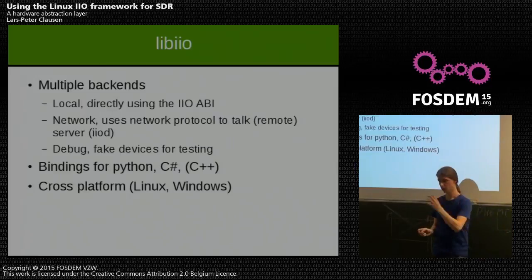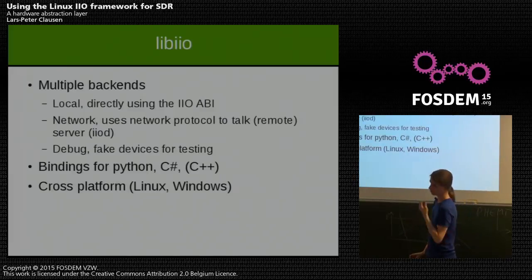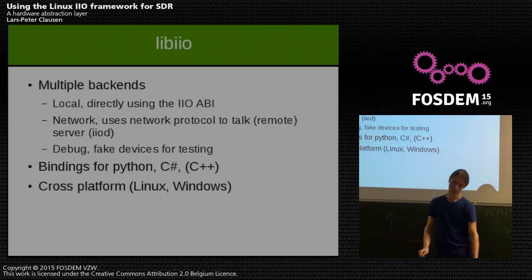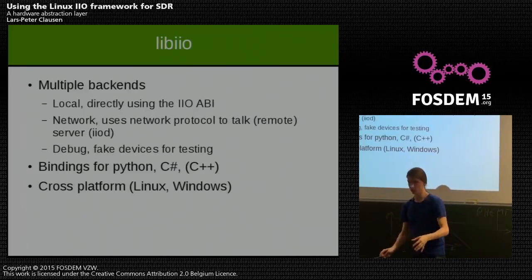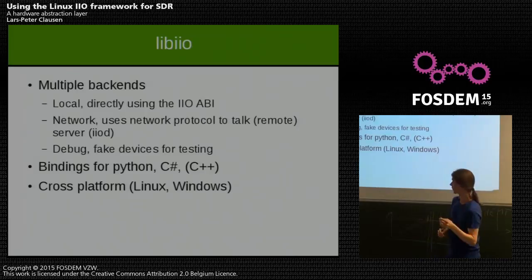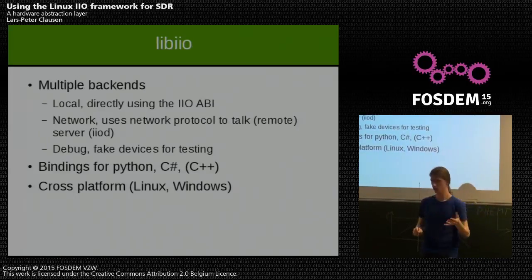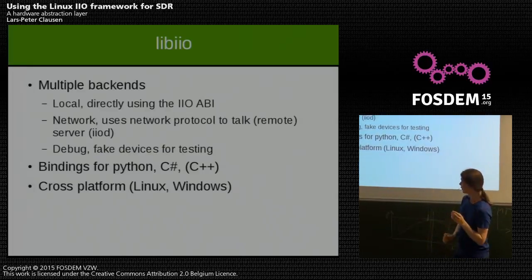And on your laptop or on your high processing power computing platform, you can run your application, specify, okay, my hardware runs on this board, which is IP address, and the application will behave the same, whether it's running directly on the hardware or on a remote platform, on a desktop PC or on a laptop PC or on a server in a data center. And there's also a debug plugin which allows you to simulate real hardware and test things without actually having access to real hardware.